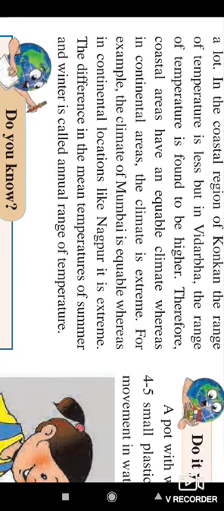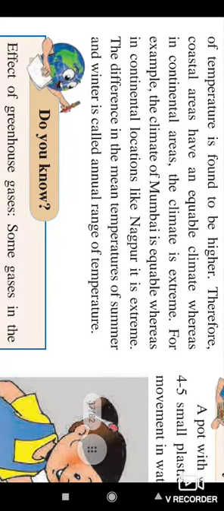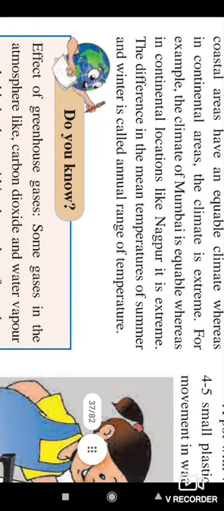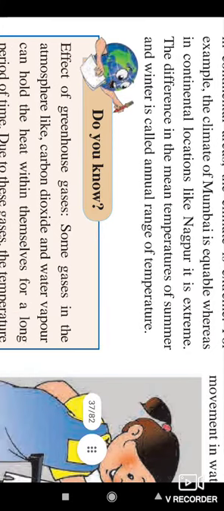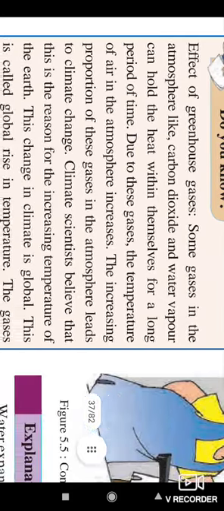Therefore, coastal areas have an equable climate, whereas in the continental areas the climate is extreme. For example, the climate in Mumbai is equable, whereas in continental locations like Nagpur it is extreme. The difference in the mean temperature in the summer and winter is called the annual range of temperature.